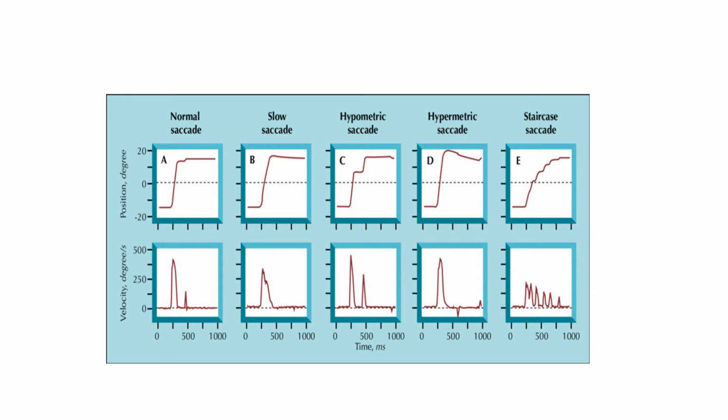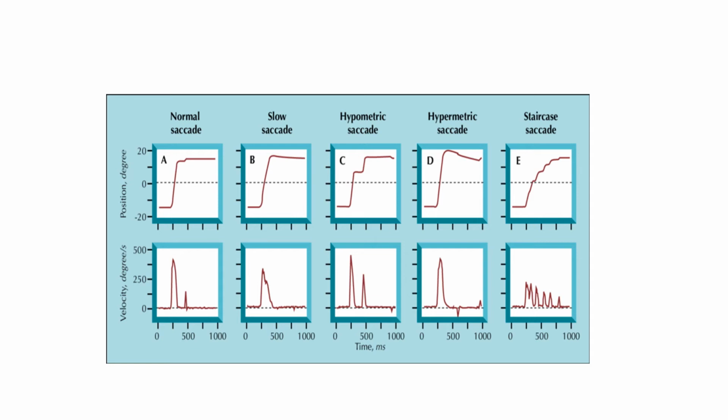This can happen when the initial saccade is too large and then the corrective saccade occurs in the opposite direction to the target displacement. Hypometric saccades suggest lesions affecting the cerebellum, and hypermetria, or when the movement exceeds the target, may also be due to a lesion in the cerebellum.